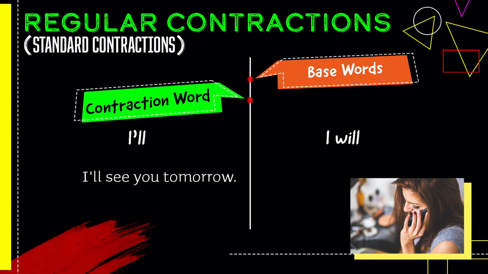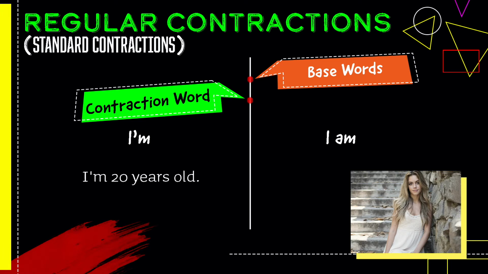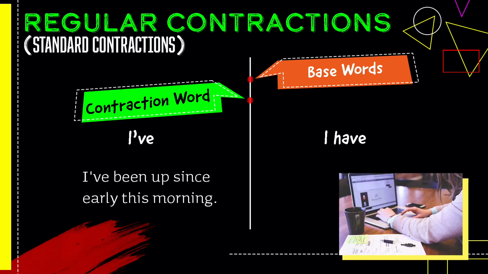I'll see you tomorrow. I am. I'm 20 years old. I have. Contraction: I've been up since early this morning.